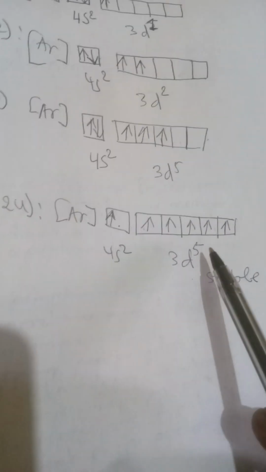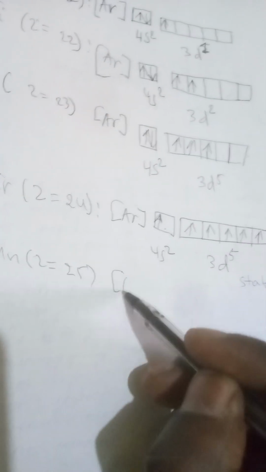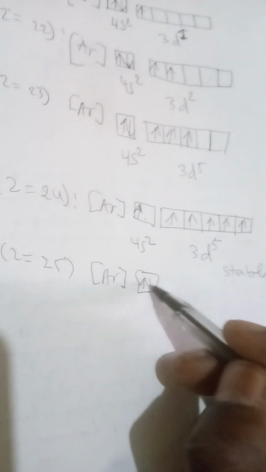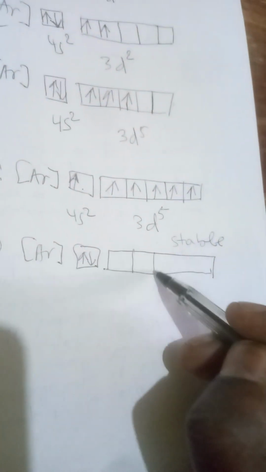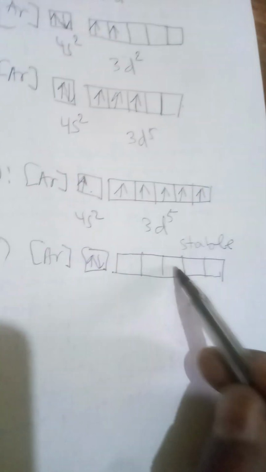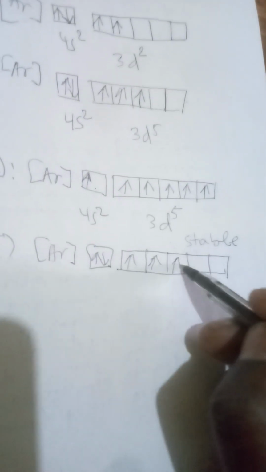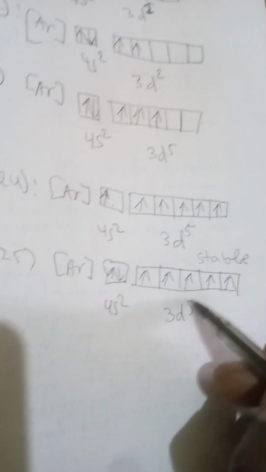But when we return back to manganese, where Z is equal to 25, argon, here no problem, I continue to have 2, because the remaining 5, exactly 1, 2, 3, 4, 5, will give us the stability of having a single electron in every box.